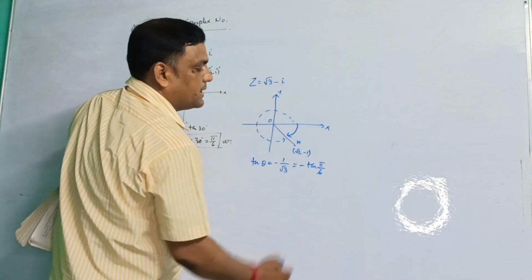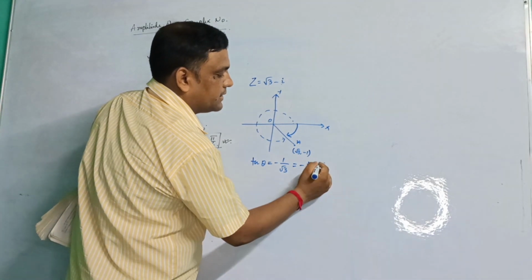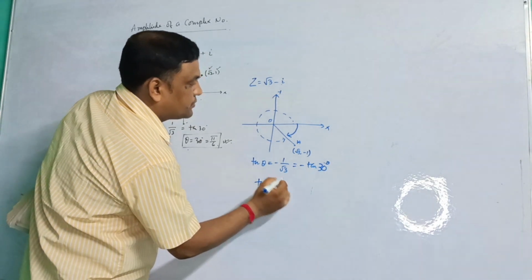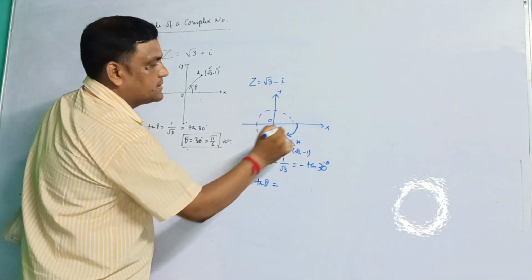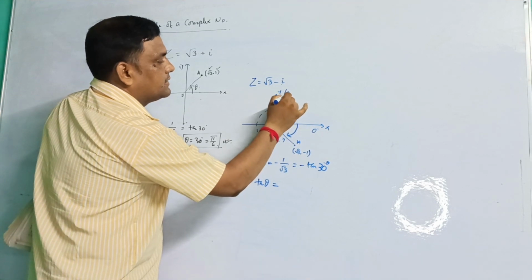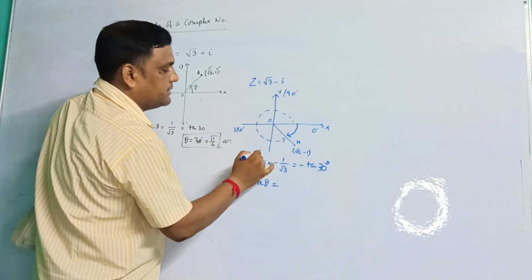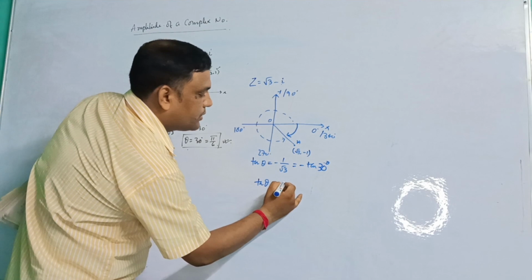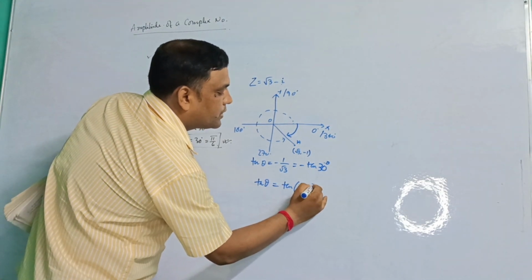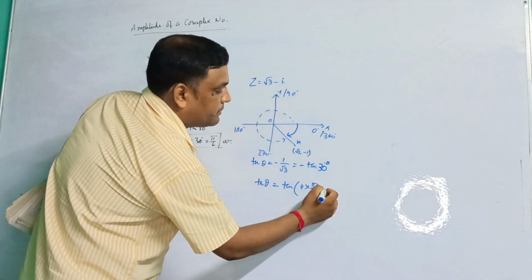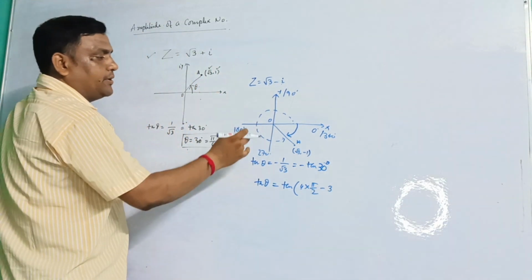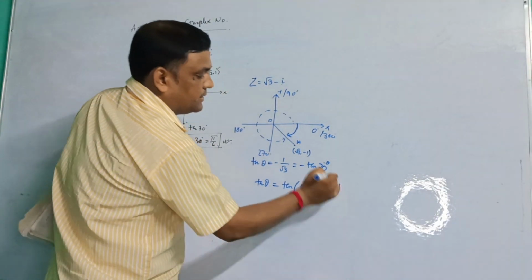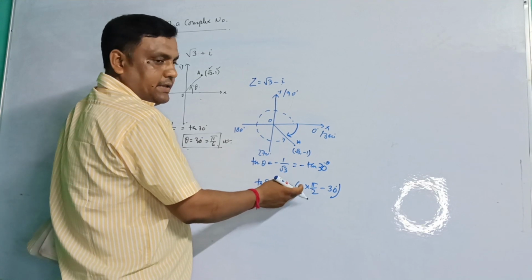Since the point lies in the fourth quadrant, and you know this is 0 degree, this is 90 degree, this is 180, 270, and 360, you can write tan theta equal to tan of 4 into 90, that is 360, minus 30 degree.